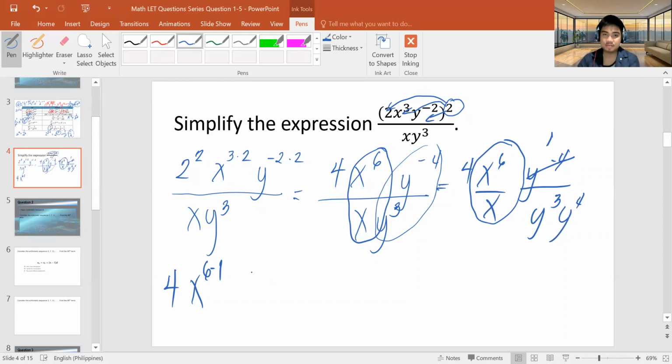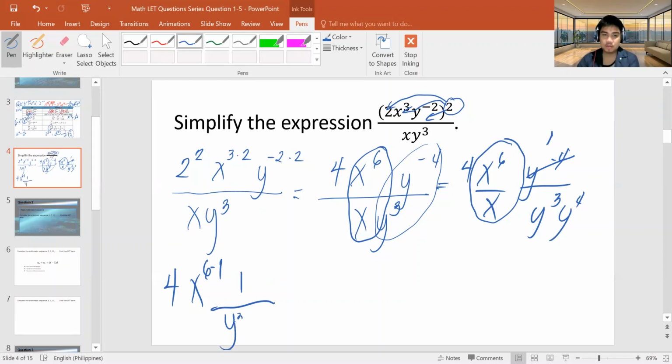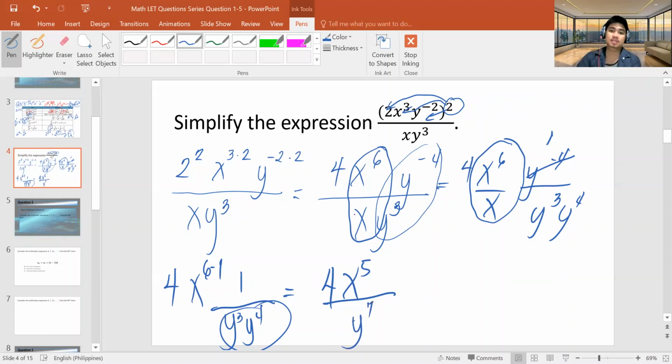So, magiging 1 over y cube, y na power. So, ang final answer natin will be 4x to the 5th power over. So, we are going to add exponent. So, we have y to the 7th power. So, this will be our final answer.